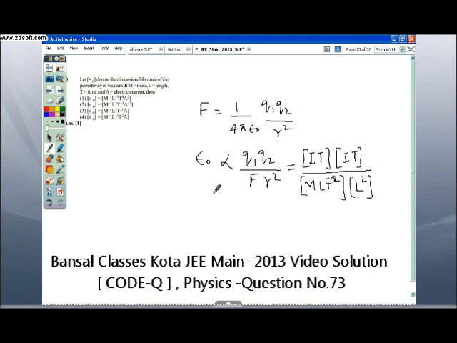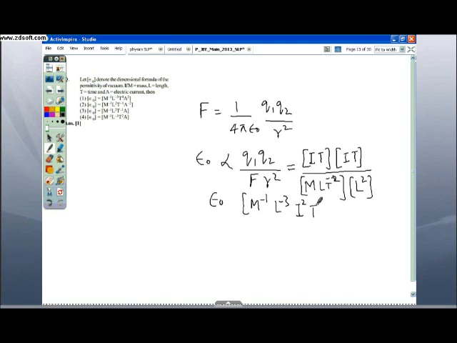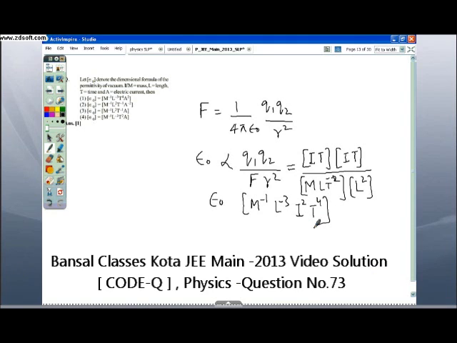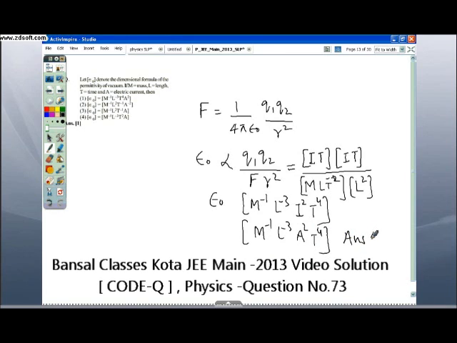On solving this, we get epsilon naught dimensions M minus 1, L minus 3, I 2, T 4. I is A, so here this is written as A: M minus 1, L minus 3, A 2, T 4. The first answer is correct.